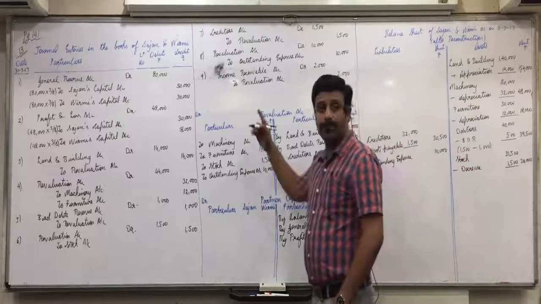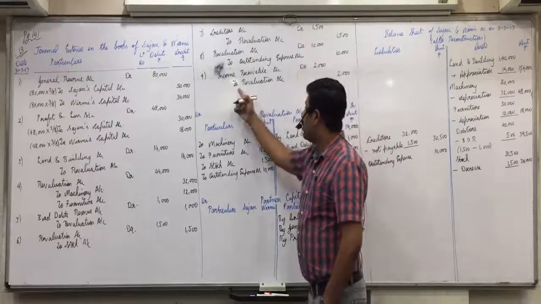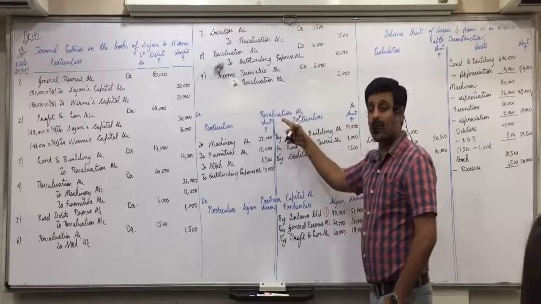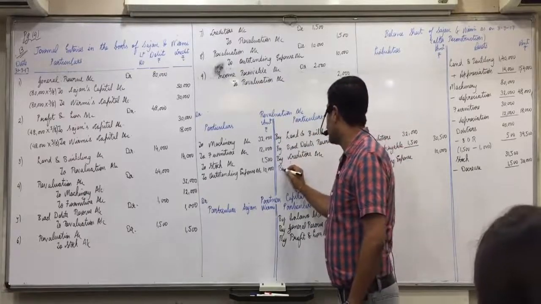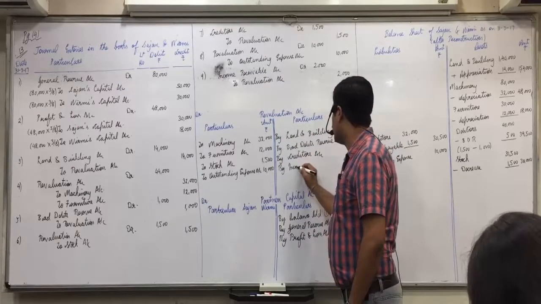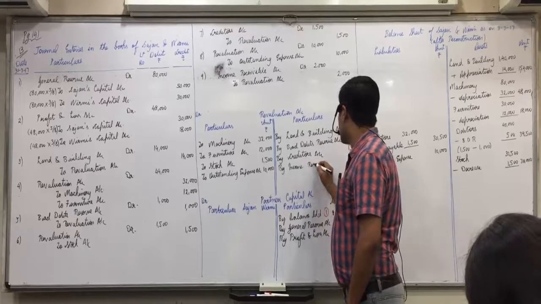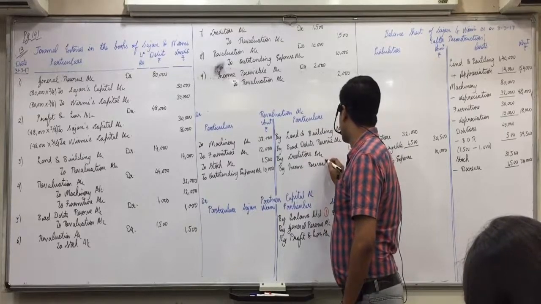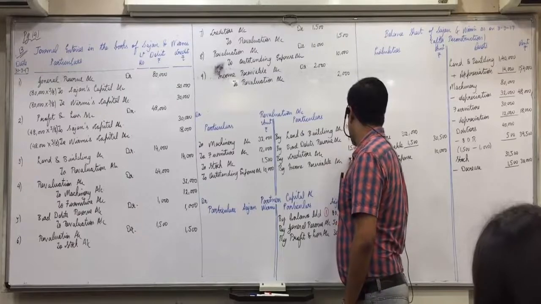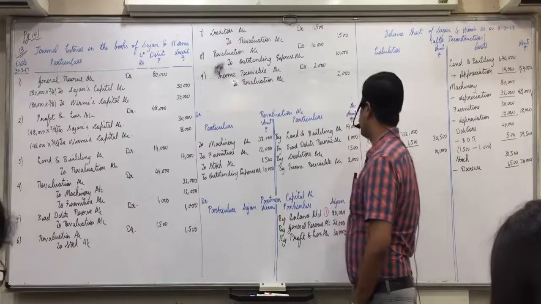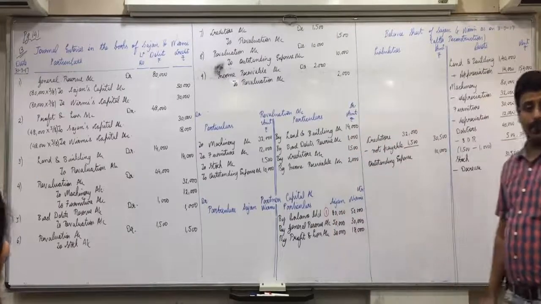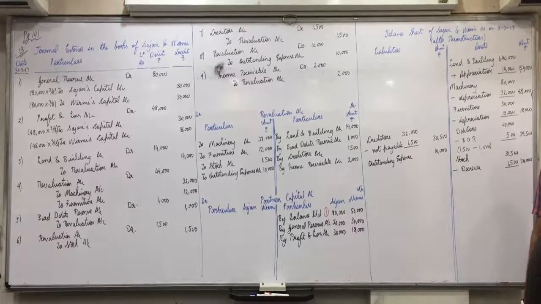Yes, Dhruv, any confusion? Don't talk in between. To revaluation, so revaluation will show on credit side by income receivable account or outstanding income account 2000. Are you okay with this?